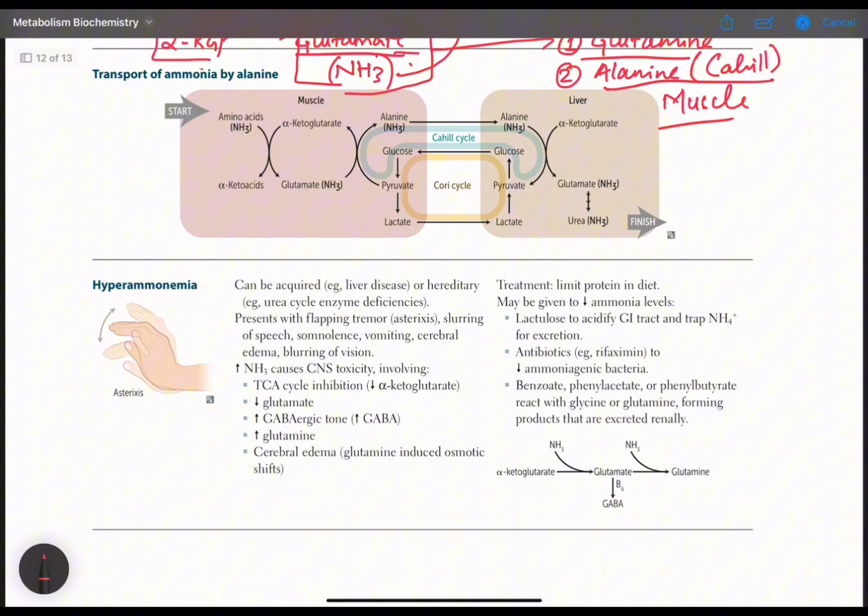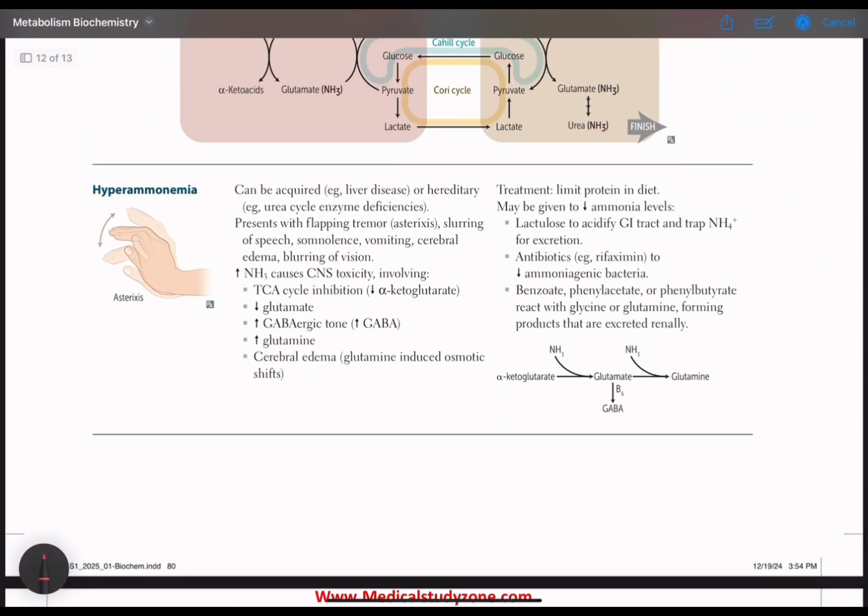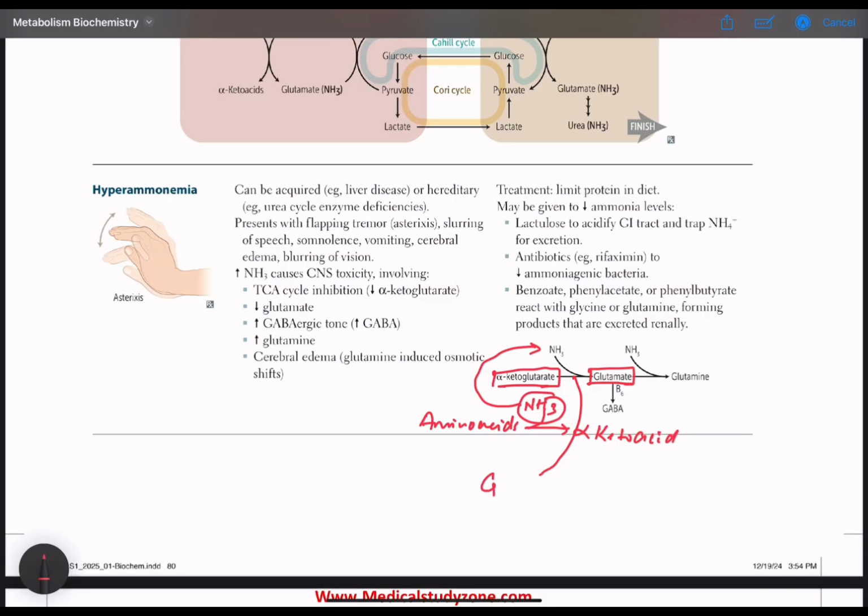Whenever an amino acid is converted into its alpha keto acid and the amino group is released, this amino group is taken up by alpha ketoglutarate, converting it into glutamate by the enzyme glutamate dehydrogenase. Then the glutamate is further converted into glutamine, adding another amino group by the enzyme glutamine synthase.